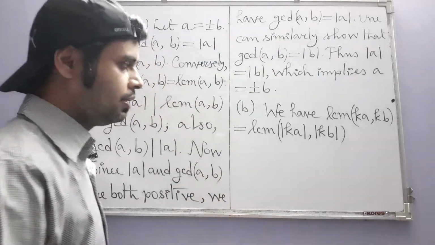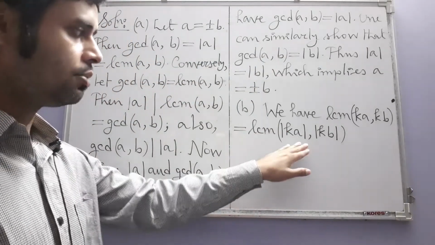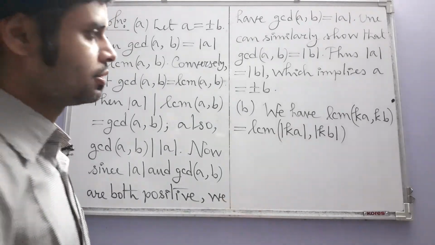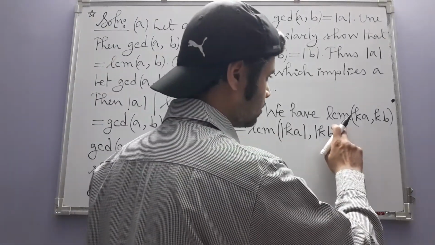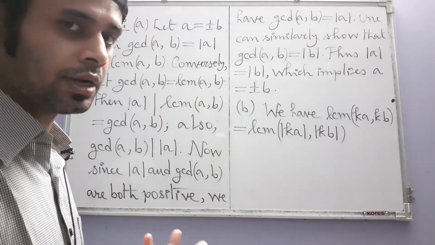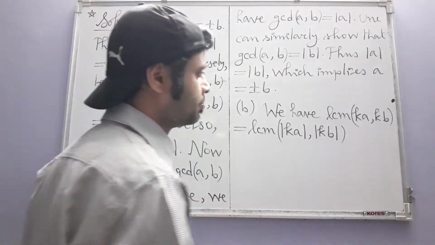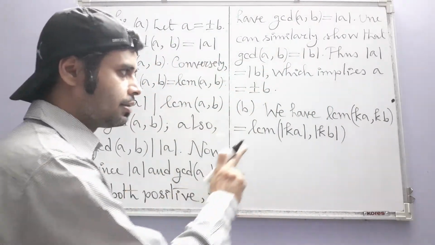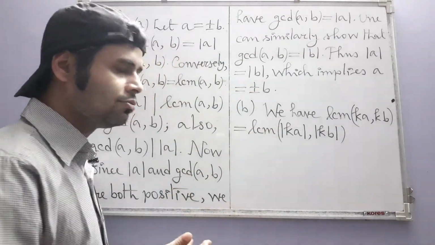Now note that even before you take this step, there is one thing that should be considered, just for the sake of seeing that everything is in order and makes sense. A and B are given to be non-zero integers and k is a given positive integer.